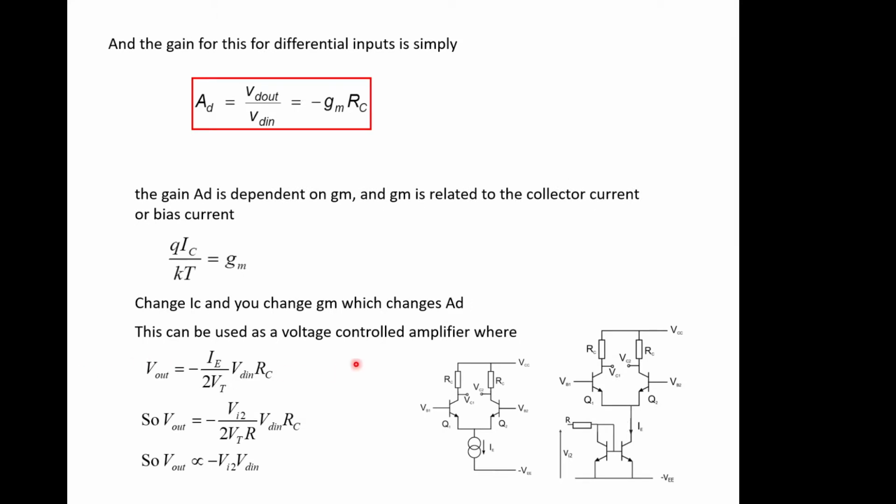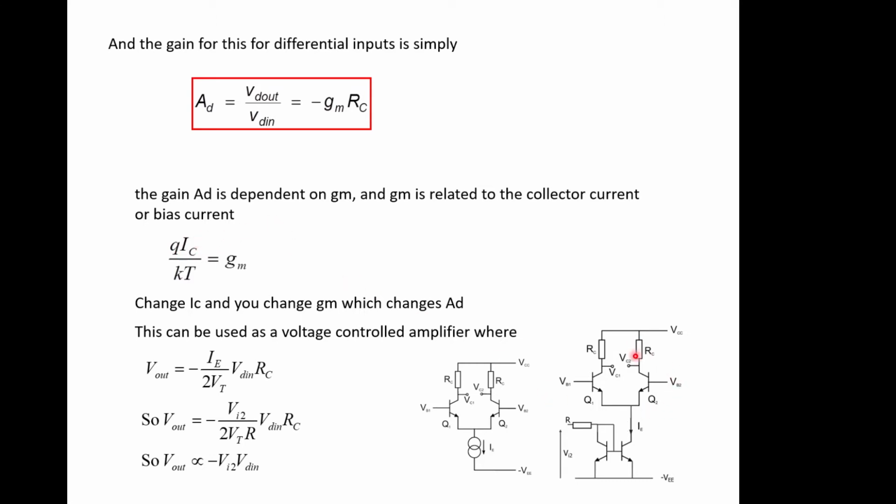We looked at some of the equations involving that and noted that we were going to have a current mirror down here, which we then control with an input voltage. That controls the value of this current, which is mirrored, and which controls the overall gain because it changes the gm, the transconductance of this particular transistor. Remember, the value of gm is related fundamentally to the bias current in the tail of this thing.